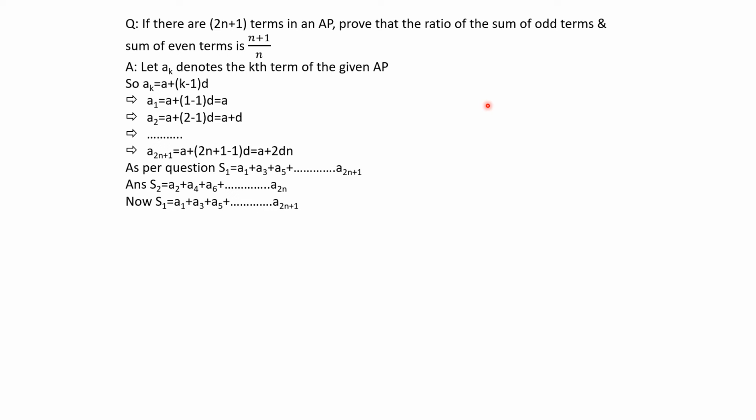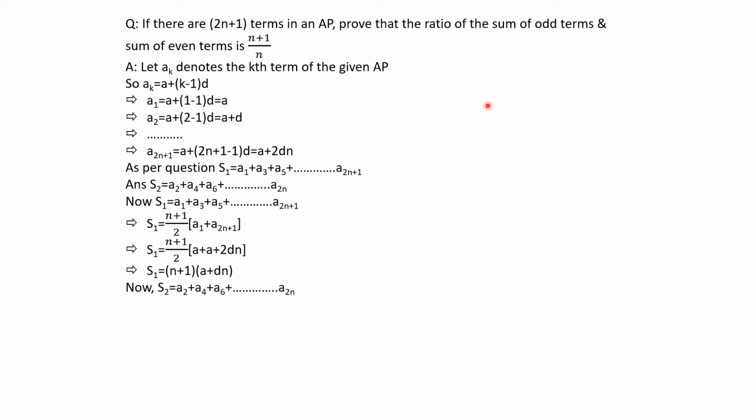Now, S1 can be written as n plus 1 whole divided by 2 whole into A plus A2n plus 1, or this implies it is n plus 1 whole divided by 2 into 2A plus 2dn, or on simplifying we get S1 equals n plus 1 whole into A plus dn.